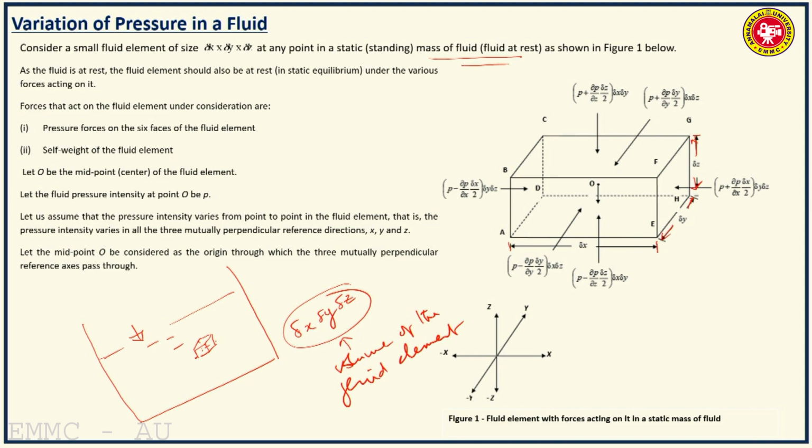So, say this is x, this is y, which are mutually perpendicular. That is, xy is in a horizontal plane. This is, say, the origin, then this will be the negative x direction, and this will be the negative y direction, and the z direction is in the vertical direction. So, this is plus z and this is minus z.